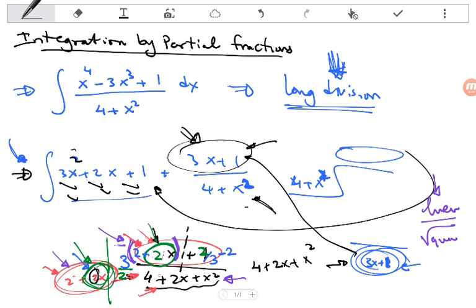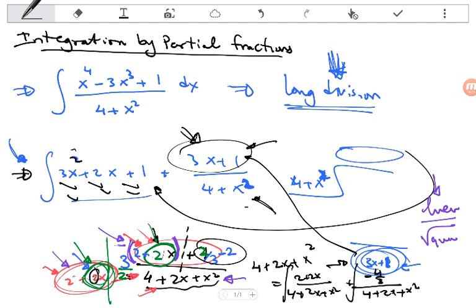I distribute it over both terms: 2 plus 2x over the quadratic form, plus the constant, which is 2 over 3 minus 2, which will be minus 4 over 3, over the quadratic term.